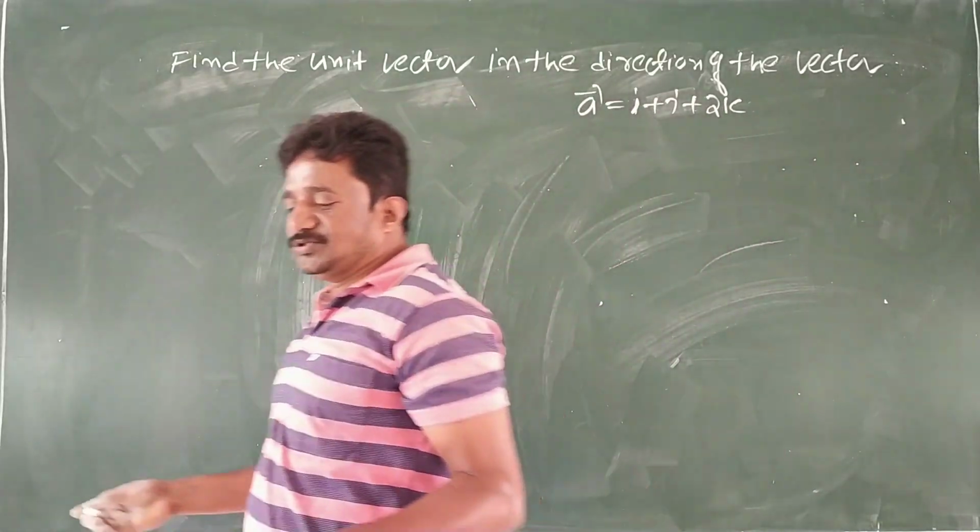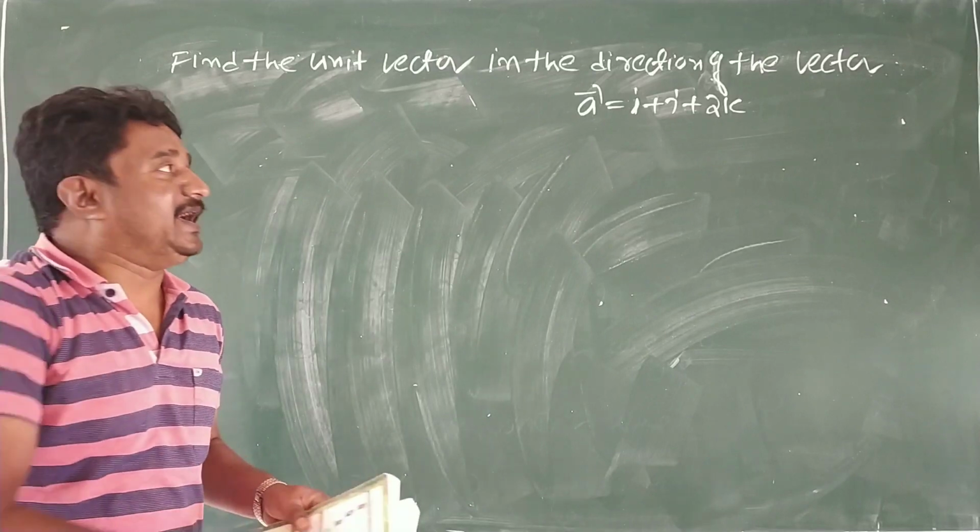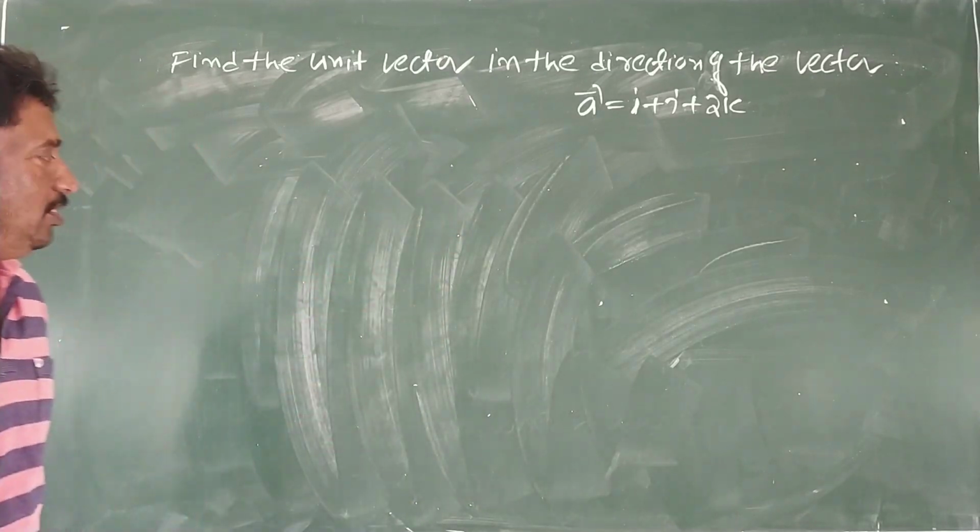So read that question, students. It's a very easy question. Find the unit vector in the direction of the vector.